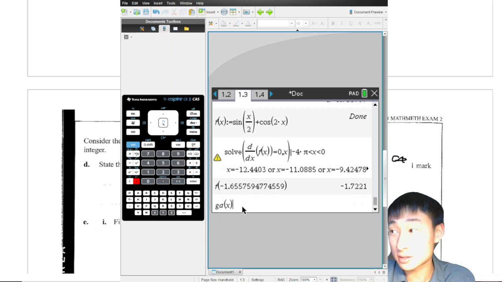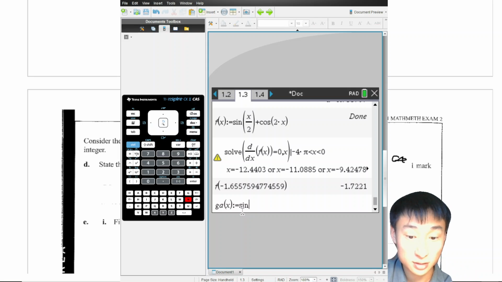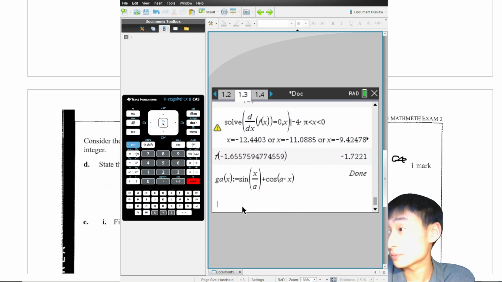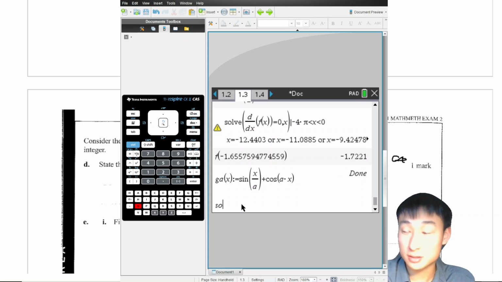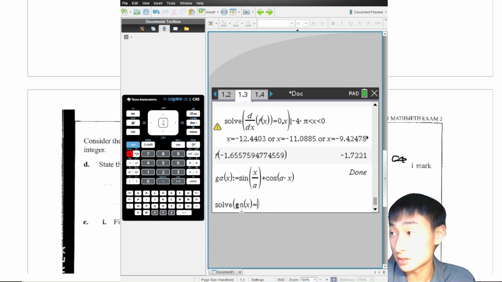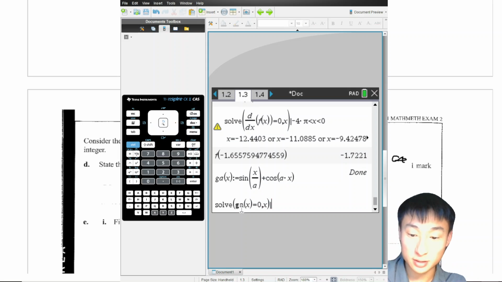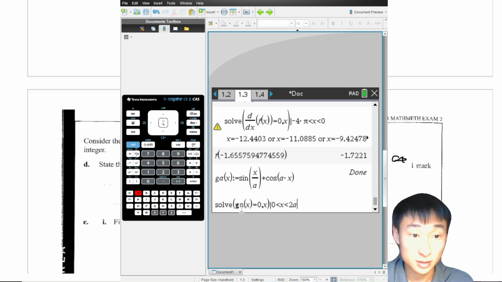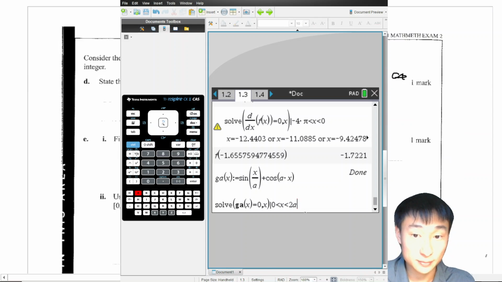Ga of x is equal to sine x over a plus cosine a times x. And then solve Ga of x is equal to 0, where x is from 0 to 2a times pi.